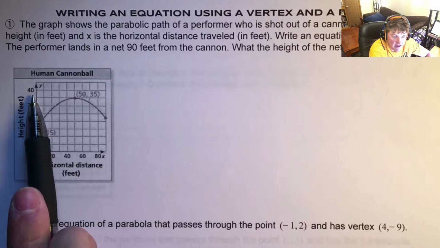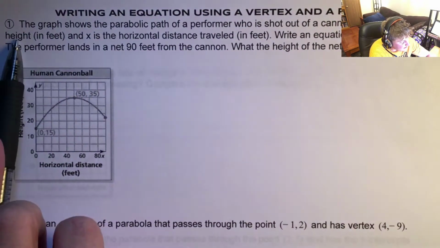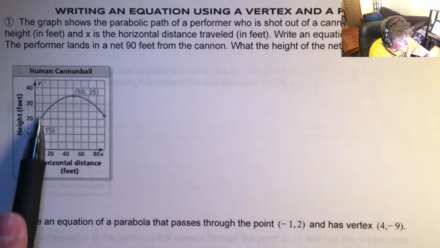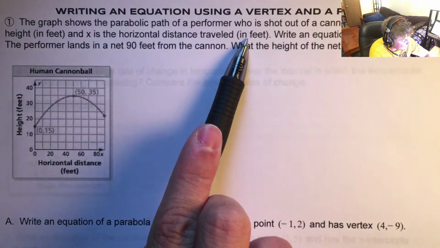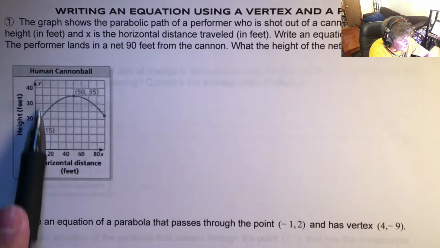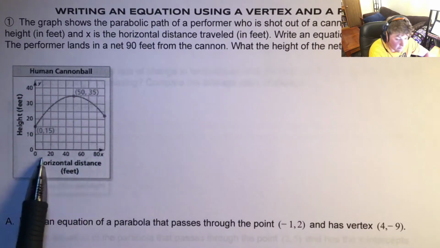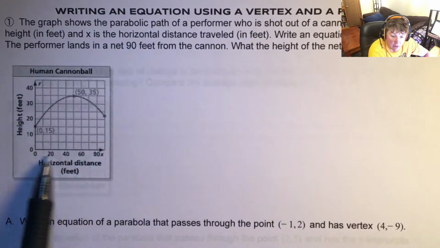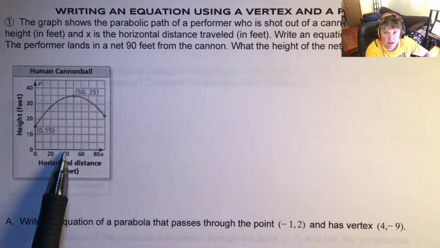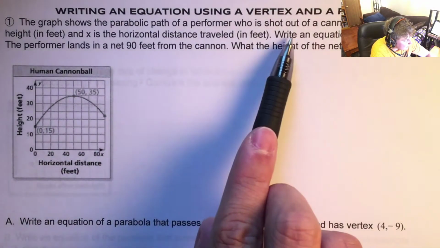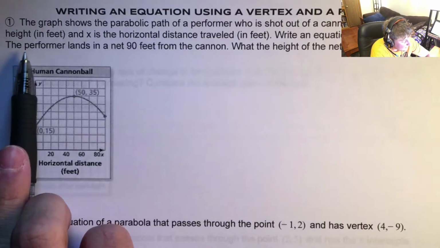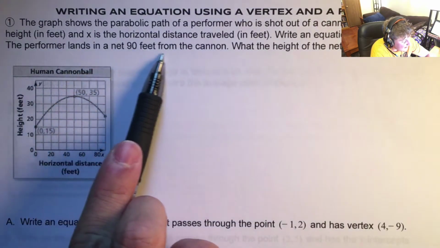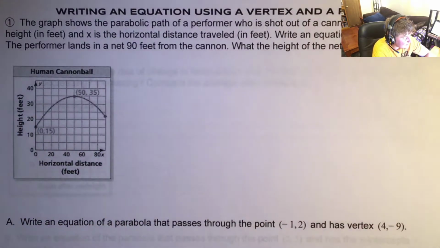On the y-axis you can see the height in feet, and x is the horizontal distance traveled. So this is their height, and this is how far they've traveled along the ground from the cannon itself. We want to write an equation of the parabola, and the performer lands in a net 90 feet from the cannon. What's the height of that net?